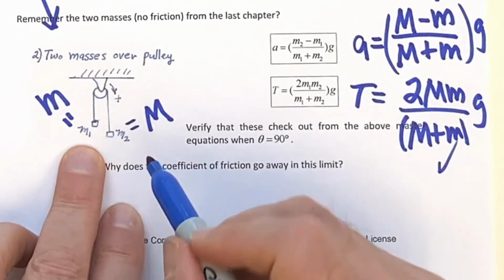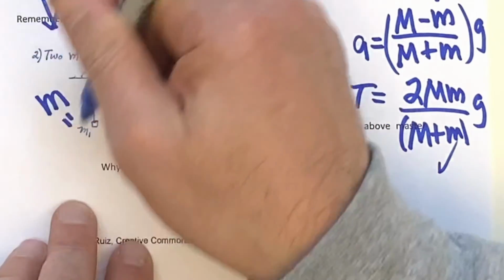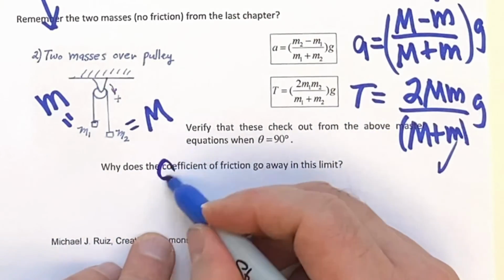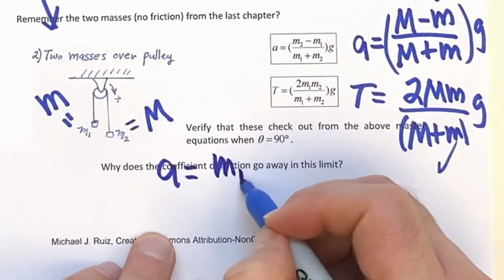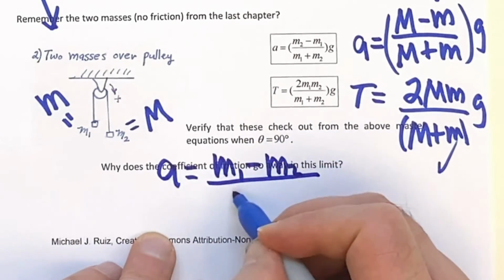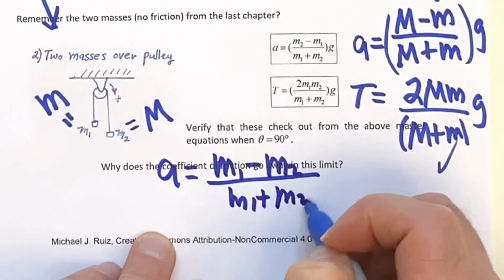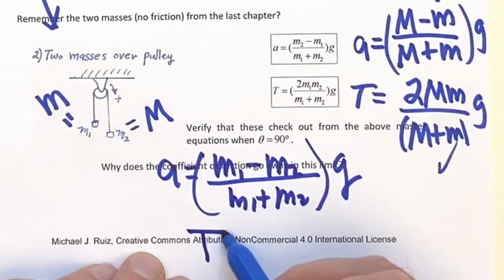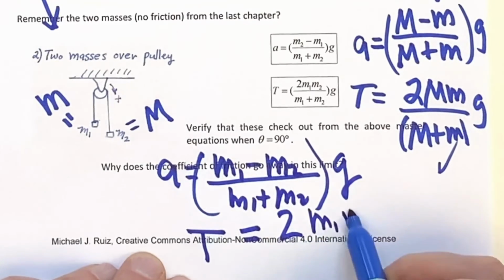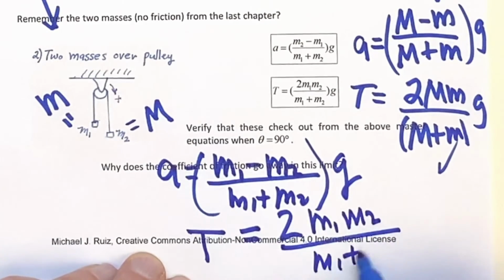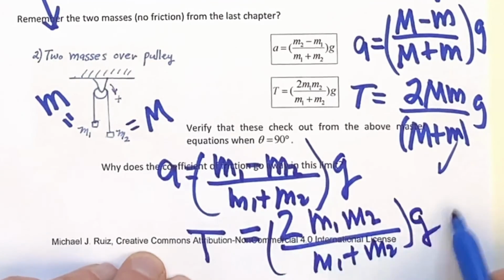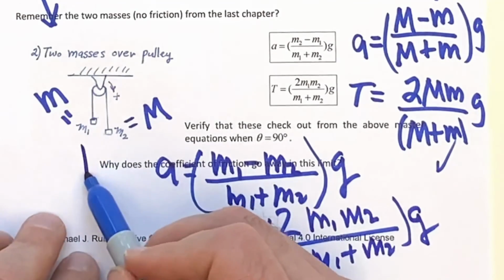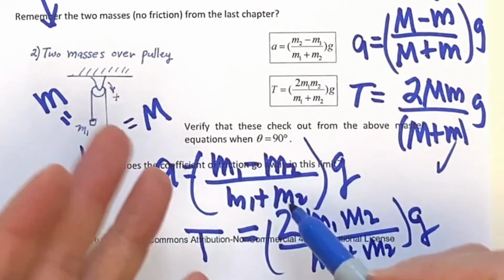So in other words, if we called M1 the big M and went this way, we would have this equation where you would have M1 minus M2 over M1 plus M2 times G. And here, this is nice, this equation is basically the same, 2M1 M2 over the sum times G. That has to be correct, because if this is the positive direction going down this way, in this case, and M1 is bigger, then that checks out.